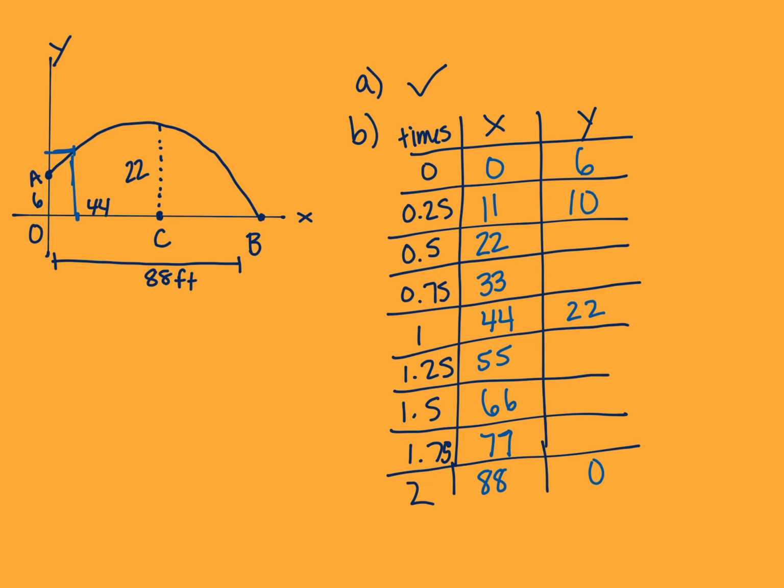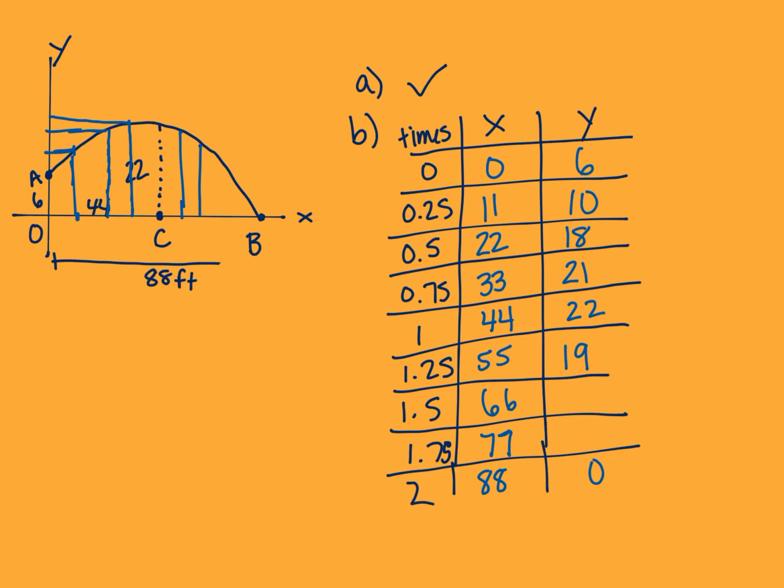Then at a half of a second, it looks like we're a lot closer to 22 now, so maybe around 18 or 19. And then at 33, we're even closer. And then at 55, we're starting to fall back down, maybe around 19.